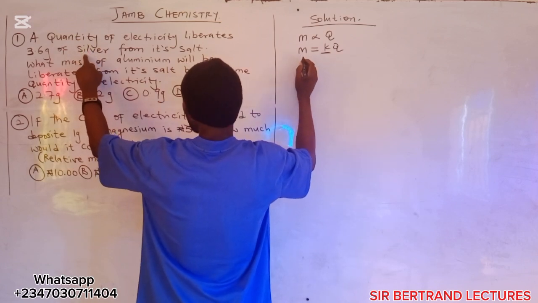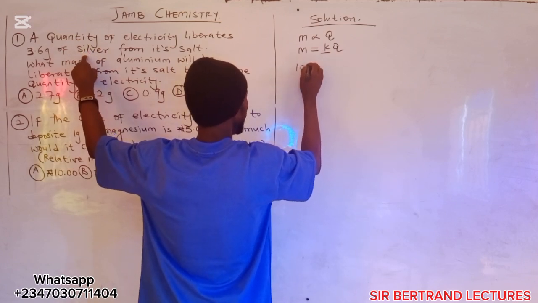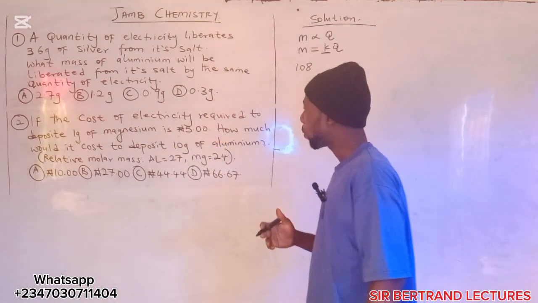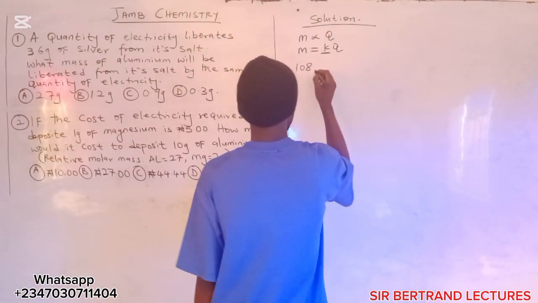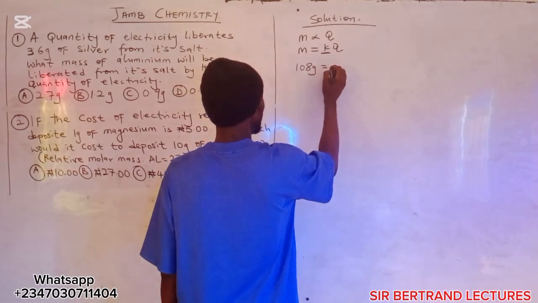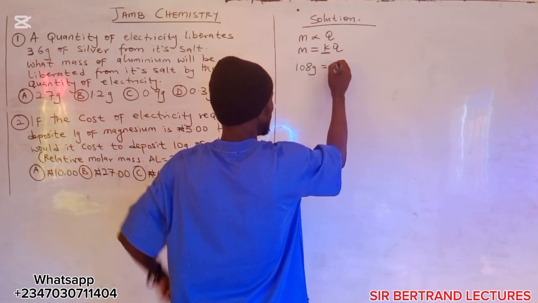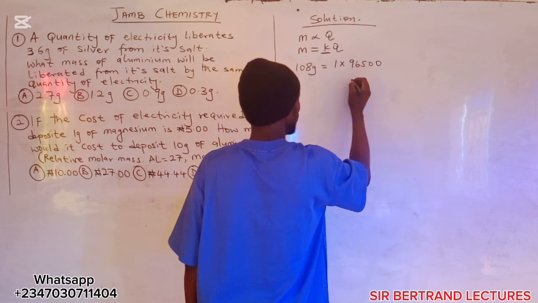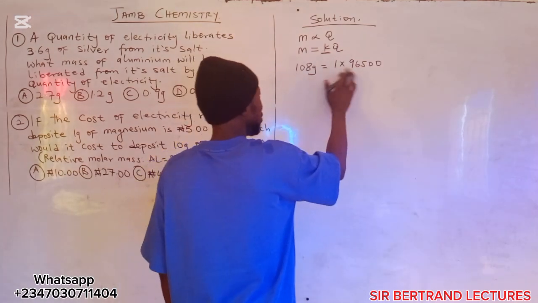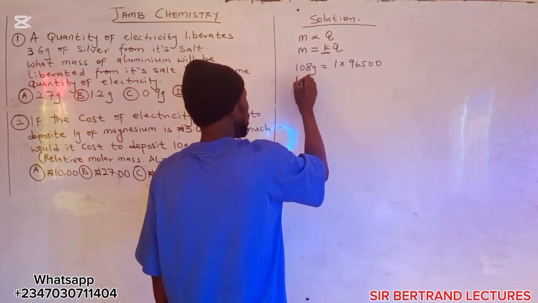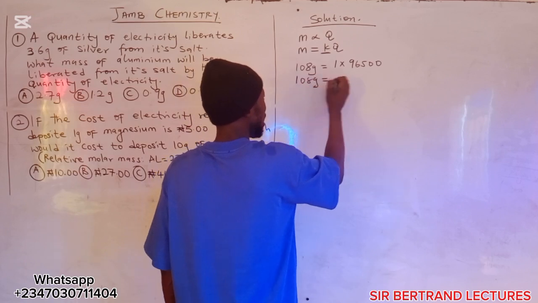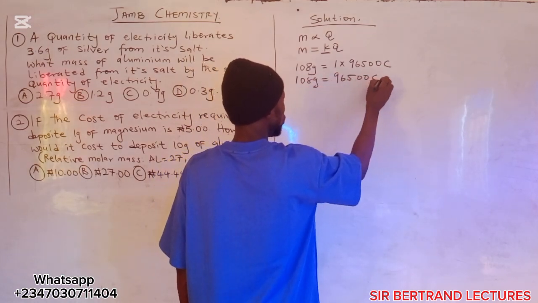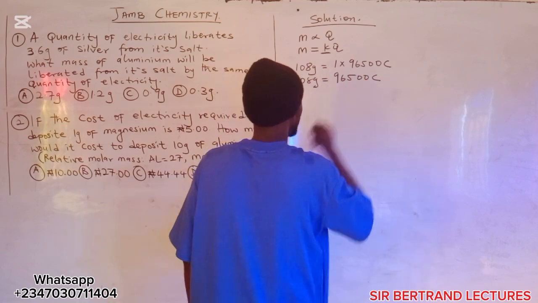The mass of silver here is 108; it's constant, that is the relative atomic mass of silver, 108 grams, against the charge for silver, which is 1 multiplied by 96500. This is 1 Faraday. So we have 108 grams against 96500 coulombs.